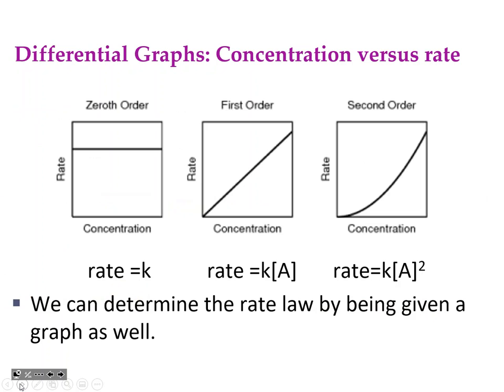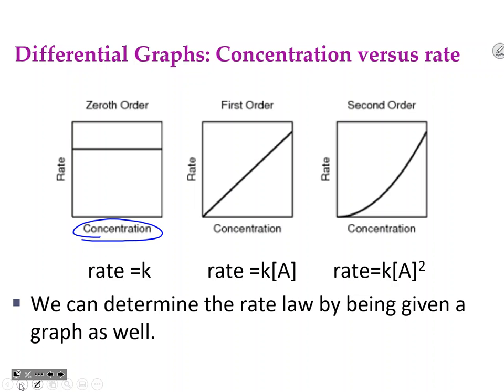Now let's talk about the differential graphs before we move on to the integrated rate law graphs. Differential, remember, is always about looking at and comparing the concentration versus the rate. So the ones we were just calculating in part one, those are differential rate laws.